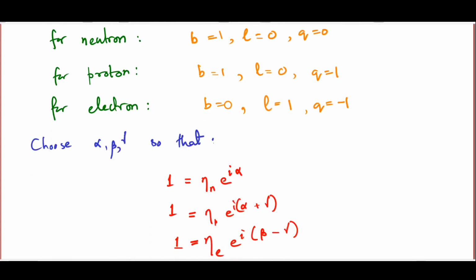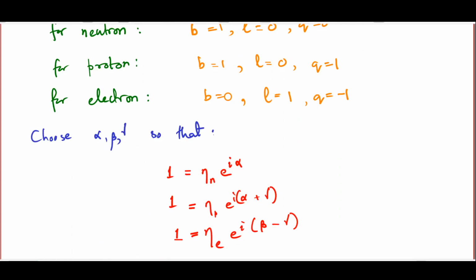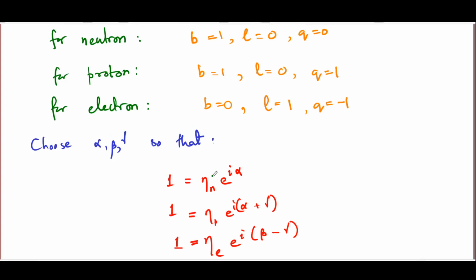So whatever be the original etas for the neutron, proton and electron, we can choose alpha, beta and gamma in such a way that for the neutron, with B equal to 1, L and Q both 0, the new parity factor, eta n prime, will become just 1. For that we need 1 to be equal to eta n times e to the i alpha. Similarly, you can choose gamma in such a way that eta p e to the i alpha plus gamma becomes 1.